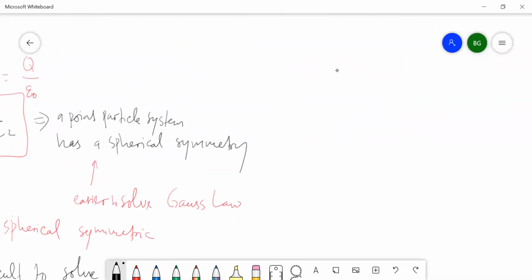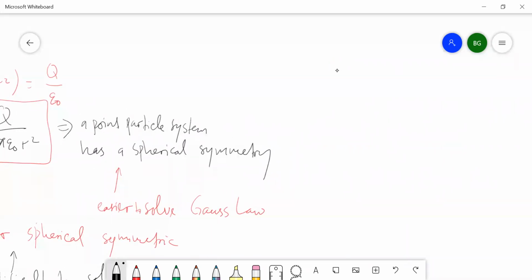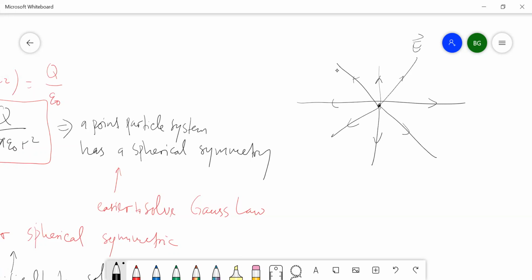So what are the properties of this symmetry? Let's say this one looks like the point particle is here like this. Okay, so this is basically spherical symmetry.